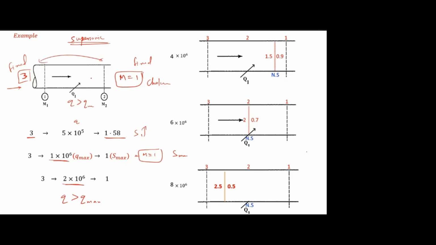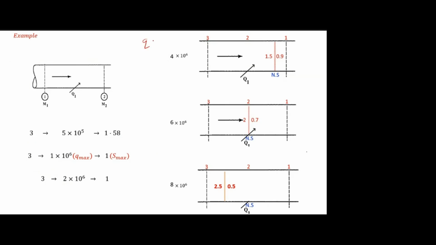What happens if I increase Q greater than Q max? For example, instead of 2 here I have taken 4 into 10 power 6. Let me clear. Okay, so this is the Q greater than Q max case. What I am explaining here: assume I am taking 4 into 10 power 6, and our Q max is 1 into 10 power 6. Assume this is the Mach number distribution. This side I have Mach number 3, and on this side choking occurred.